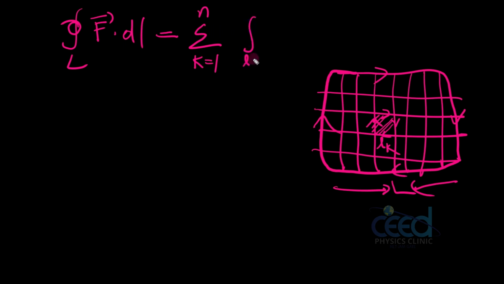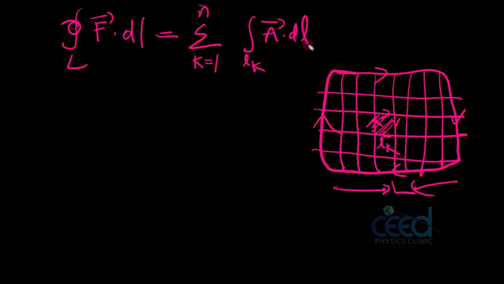You have to sum over all the loops, so for a single loop I can write the closed integral of F dot dl.